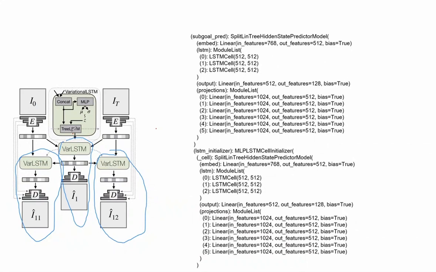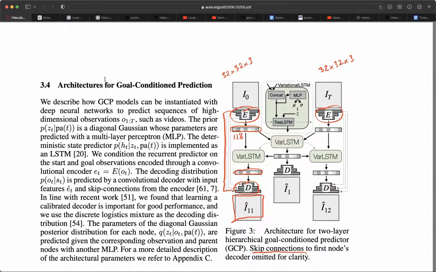Here we can see the architecture of the hidden tree LSTM and the MLP LSTM initializer. So zoom in of this var LSTM unit, we can see here. At the very beginning, this is a start and this is a goal, then we just encode that in latent representation and feed that into this unit here. Then we concatenate them.